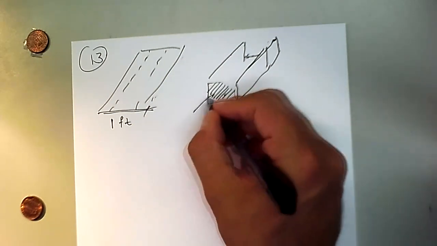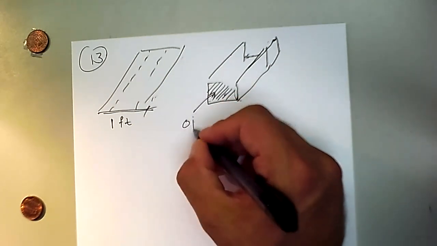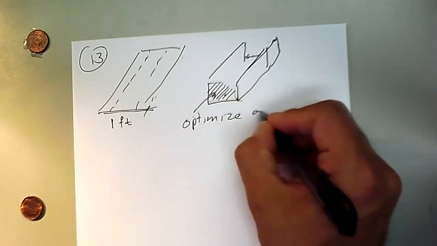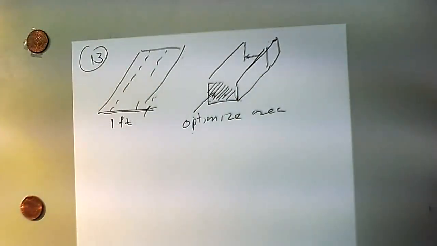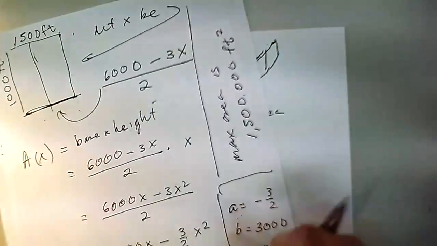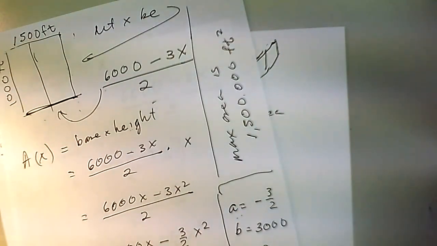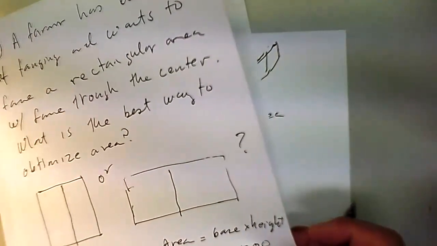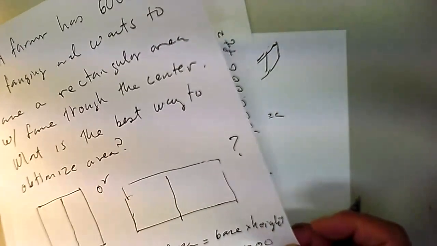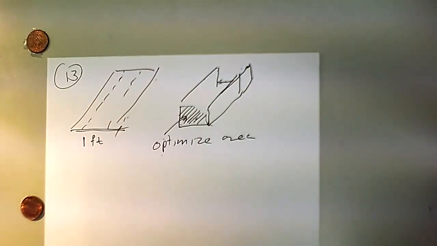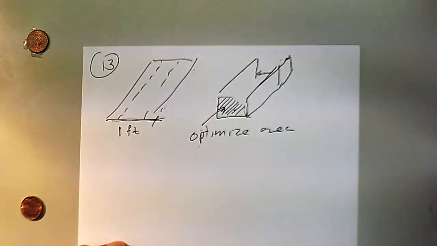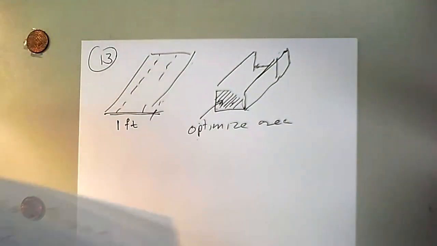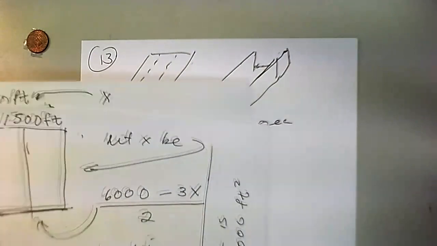So we want to optimize the area. I think I put a B when I spelled out optimize before. And those of us who are thinking, wait a minute. No, optimize. Yeah, I spell it right. Some people will say, wait a minute, this is a math class, not an English class. It doesn't matter. We have to spell well. Oh yeah, I did put a B. I don't know why.